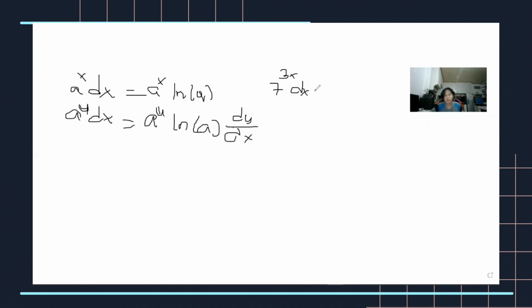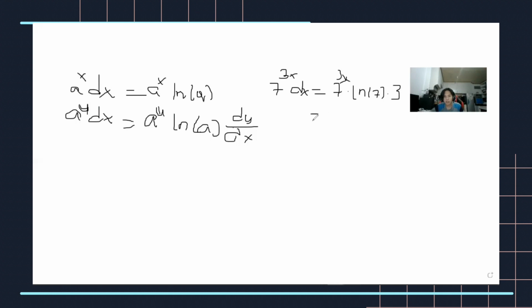The derivative for this would be, first, let's copy this, which is 7 raised to 3x, times ln of 7, times, by chain rule, the derivative of 3x, which is 3.